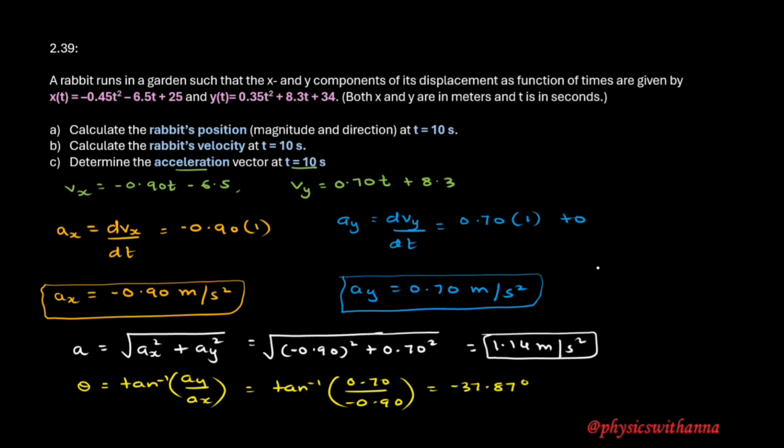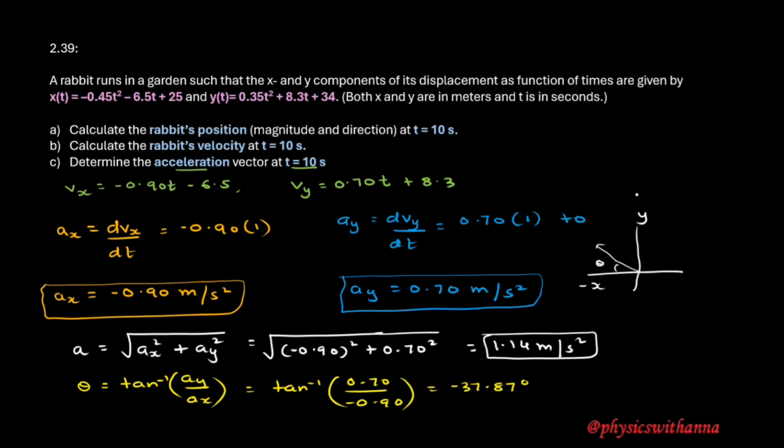Again, if you want to show direction, we will roughly plot acceleration here. This is y, negative x. The reason I'm choosing y and negative x-axis is because if you look at the values of ax and ay, ax is negative, ay is positive. So your acceleration vector lies somewhere in the second quadrant, making an angle theta of 37.87 degrees with the negative x-axis.